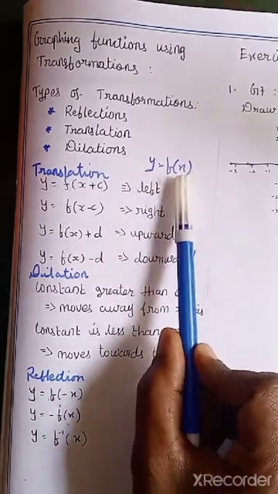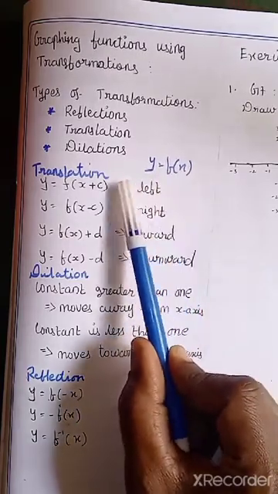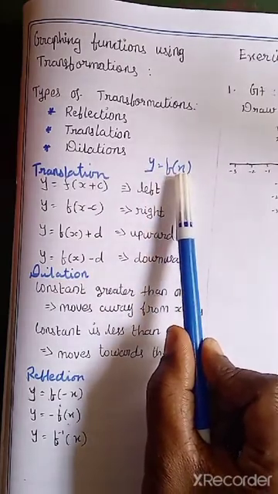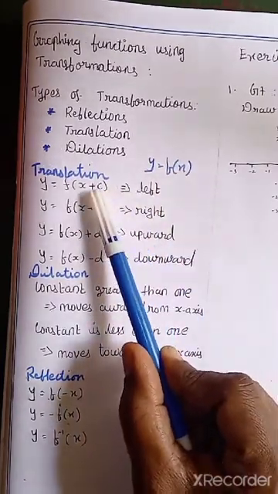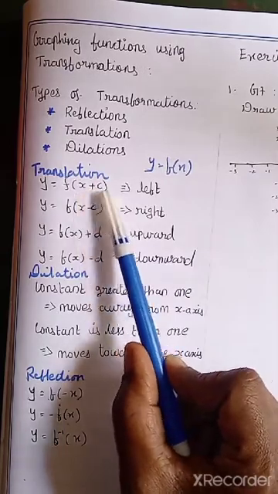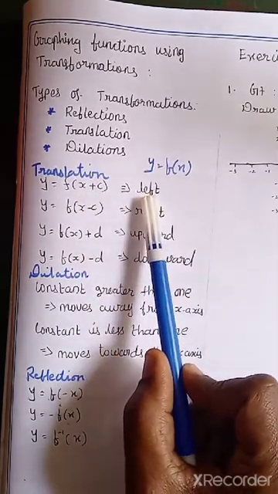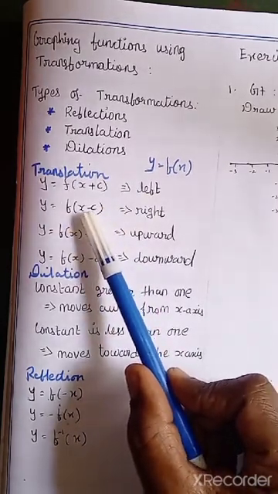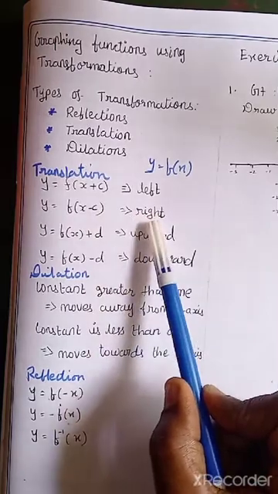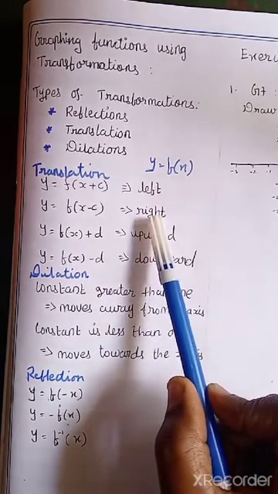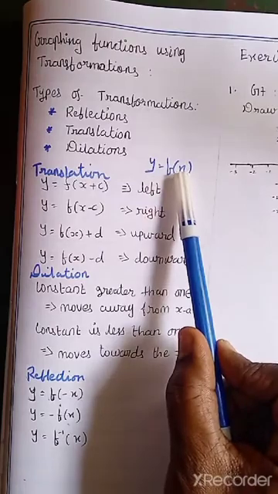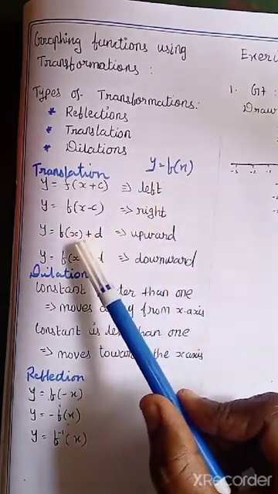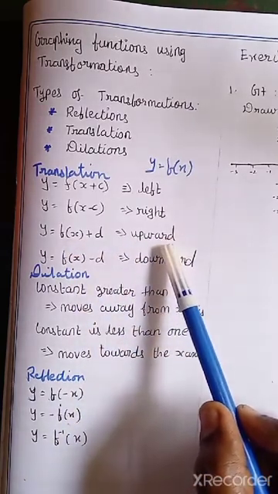If you add any constant inside the function, you have to move the graph to the left. If you subtract any constant inside the function, you have to move the graph to the right. Now, if you add a constant outside the function, you have to move the graph upward.